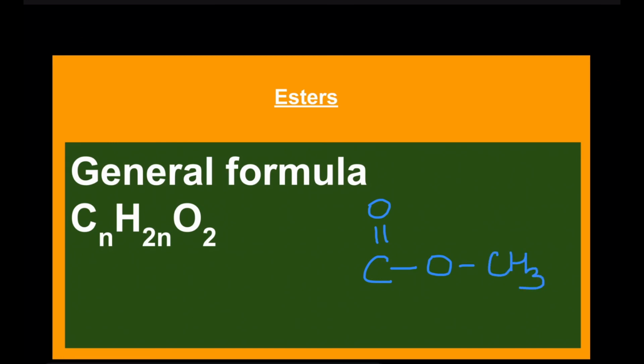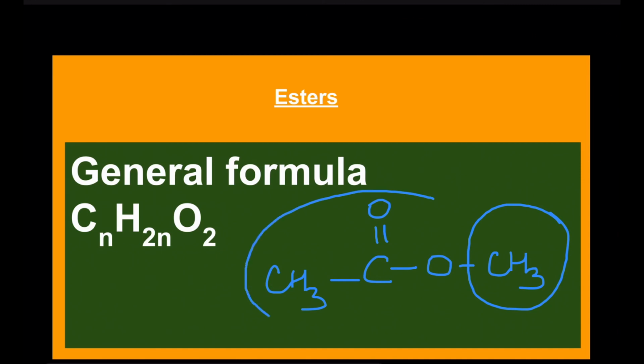It can be like this: CH3COOCH3. In case of esters, this part of the ester is named first, while this part of the ester is named later on. The naming is done in this way.